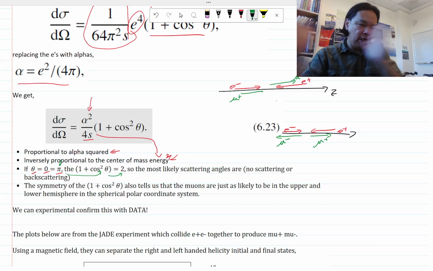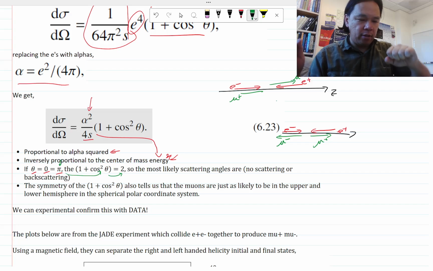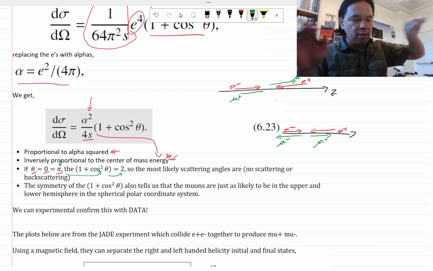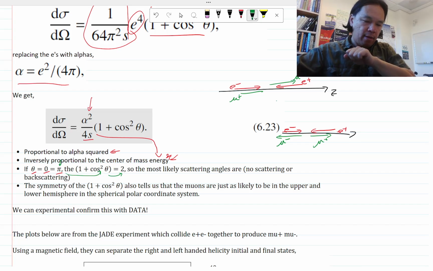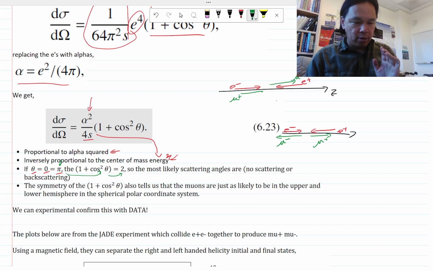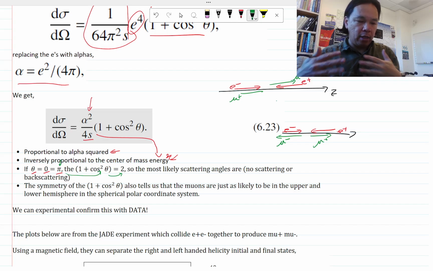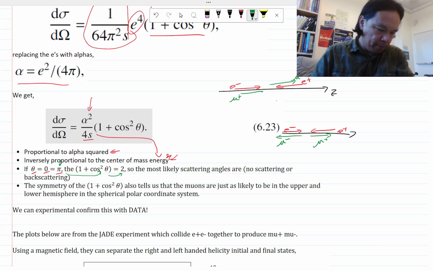It's equally probable for the muon to come out in the opposite direction of the electron, and the mu plus to come out in the opposite direction of the anti-electron. And this is actually a pretty cool symmetry for quantum electrodynamics. It does not care whether something is a particle or an antiparticle.